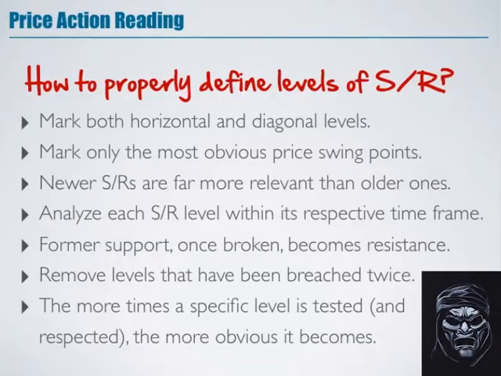I paused the video just for a second because I wanted to write a new line of text in this slide presentation. This one in particular, all right? Newer levels of support and resistance are far more relevant than older ones. What does that mean? Well, I also talked about this in a previous video. The markets have a very short memory span.